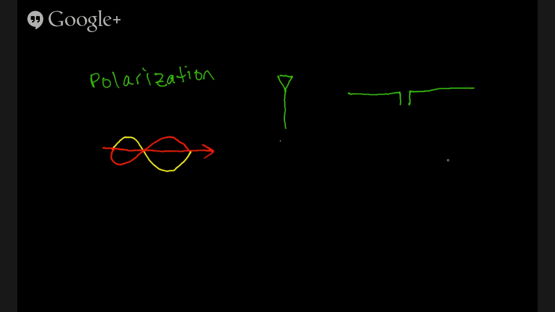So a vertically polarized antenna will have a hard time listening to a horizontally polarized transmitter, because the electric fields are perfectly 90 degrees, perfectly perpendicular to each other.